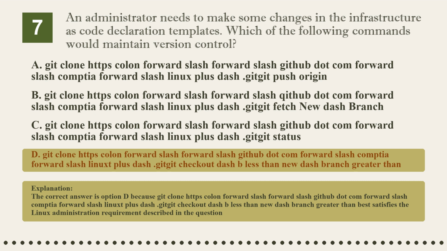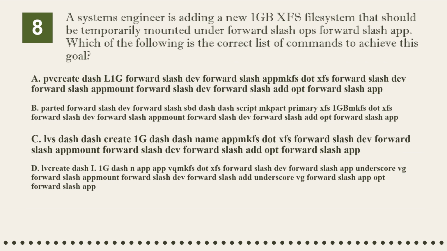Question 8. A systems engineer is adding a new 1 GB XFS file system that should be temporarily mounted under /ops/app. Which of the following is the correct list of commands to achieve this goal? Option A, lvcreate -L 1g -n app vg, mkfs.xfs /dev/app, mount /dev/app /opt/app.